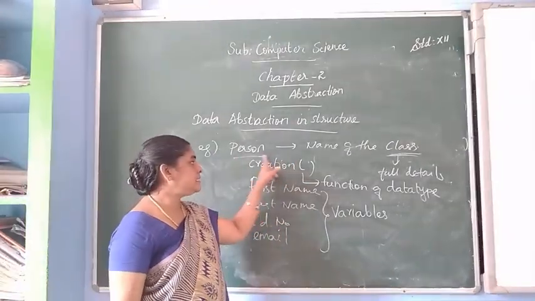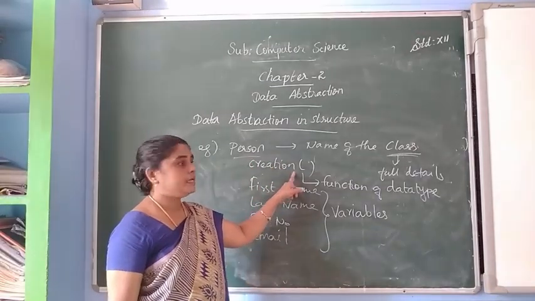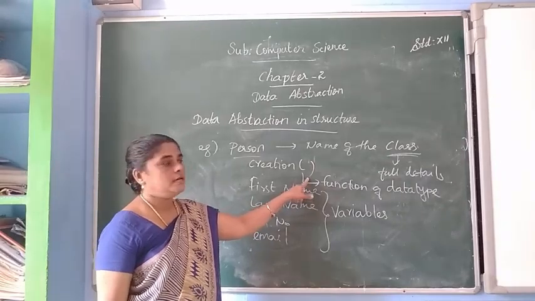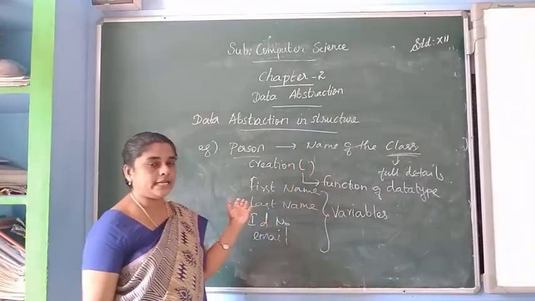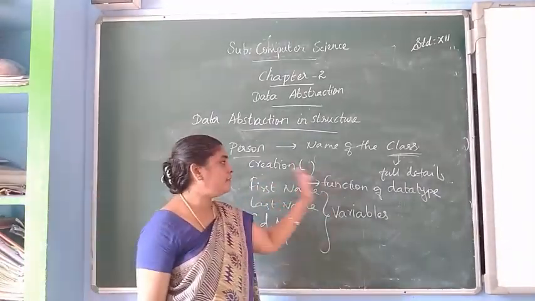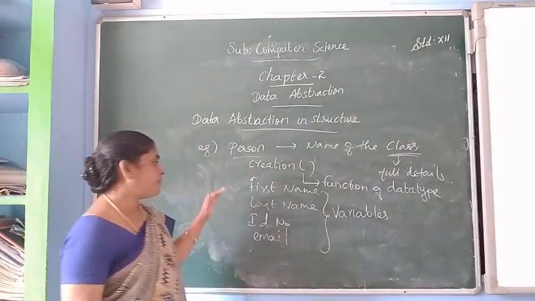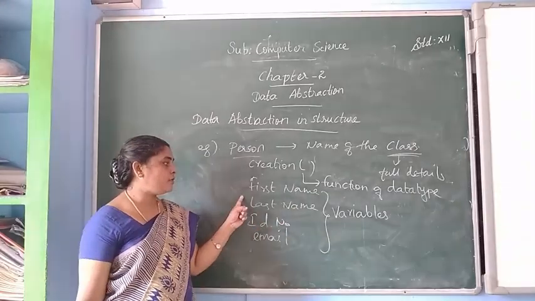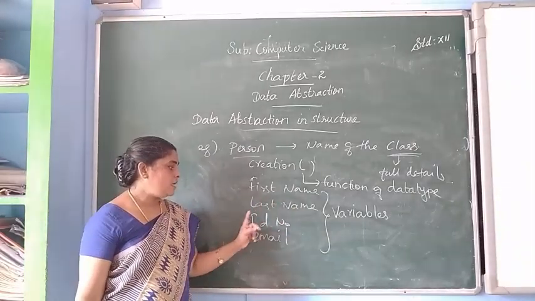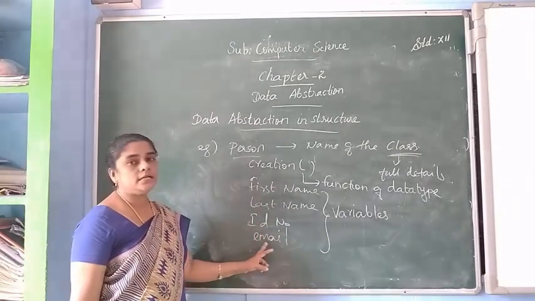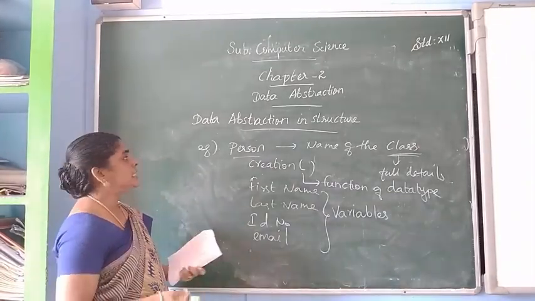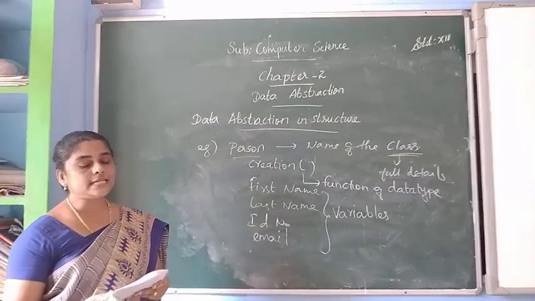Creation, this is a function name. Here, this is a function without parameters. Inside the parentheses we can also give parameters. Okay. So function of data type, that is creation. The next 4 variables are given. What are the 4 variables given? First name, last name, ID number, email. These are the 4 variables. So this is data abstraction in structure.